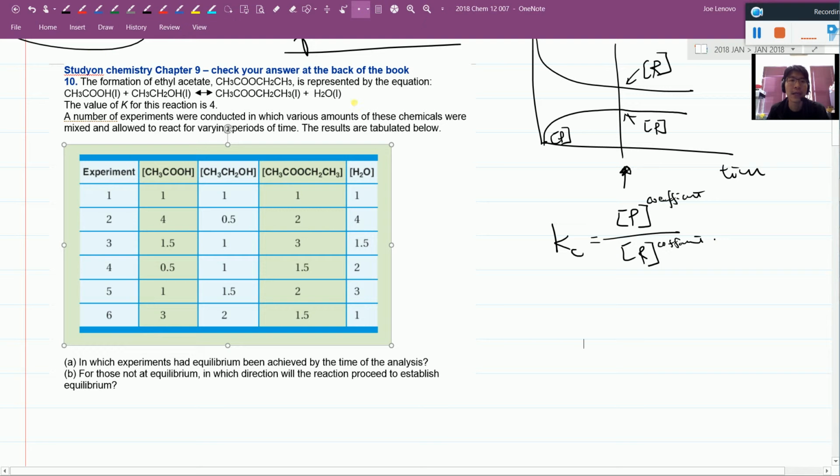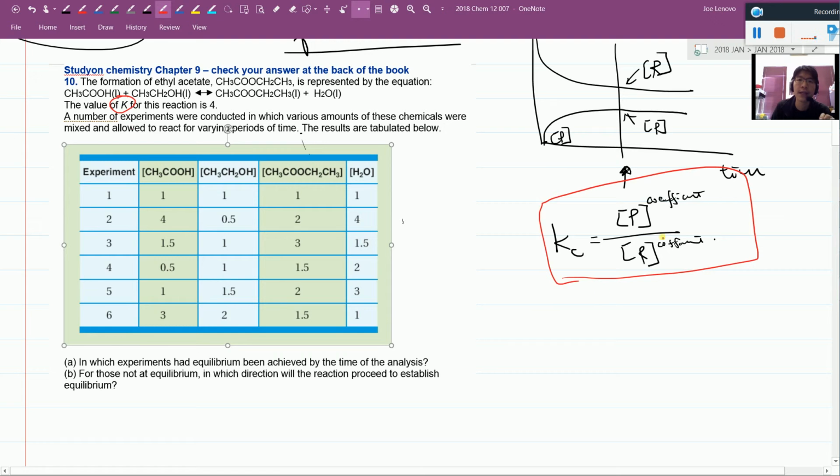In this particular condensation we've got a K value. What is the K value? It is the equilibrium constant, and it equals 4.